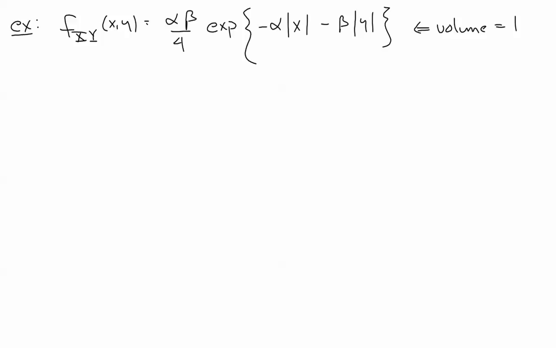It's always positive. You'll notice that this is separable. I can write this as alpha over 2 e to the negative alpha absolute value of x times beta over 2 e to the minus beta times absolute value of y. Because my PDF is separable, that means x and y are statistically independent.